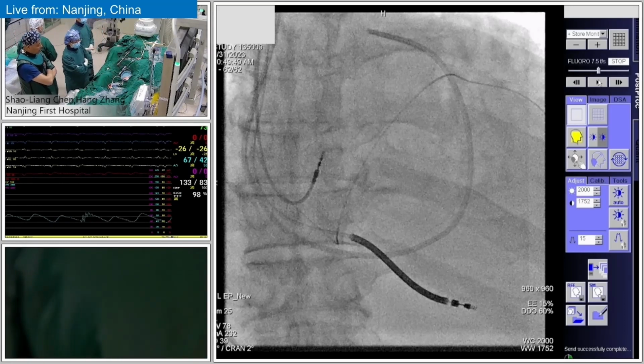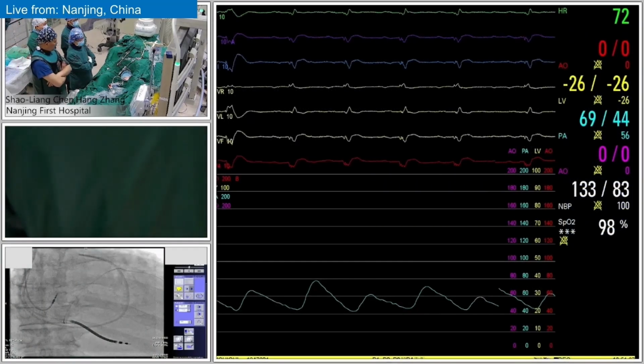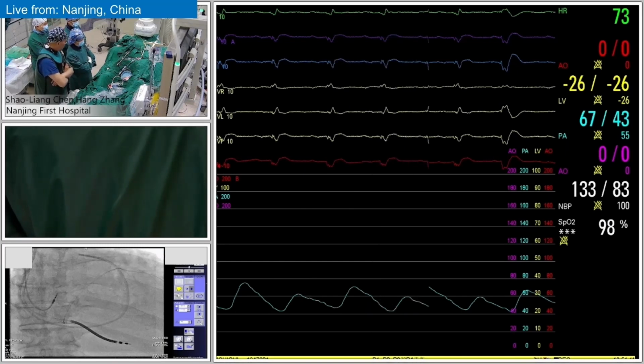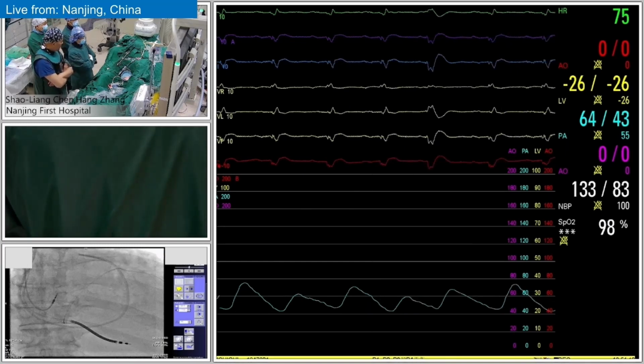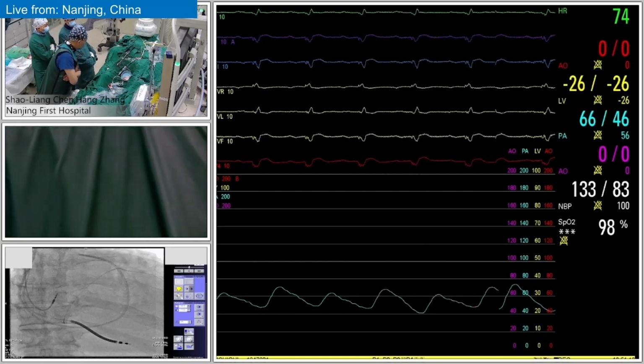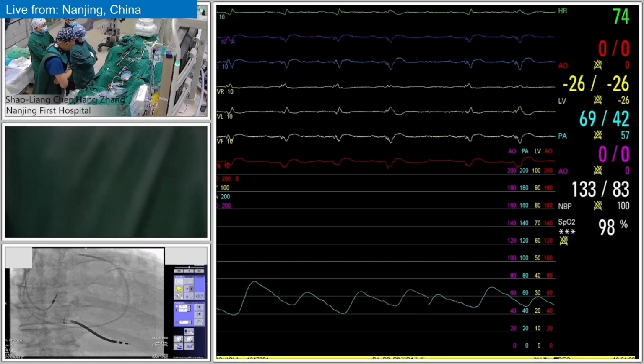Still, the reduction in systolic pressure is about 20 mmHg. Okay, I see. Right now we still need to wait. So far, there are 3 recordings of cardiac output, around 2.7.